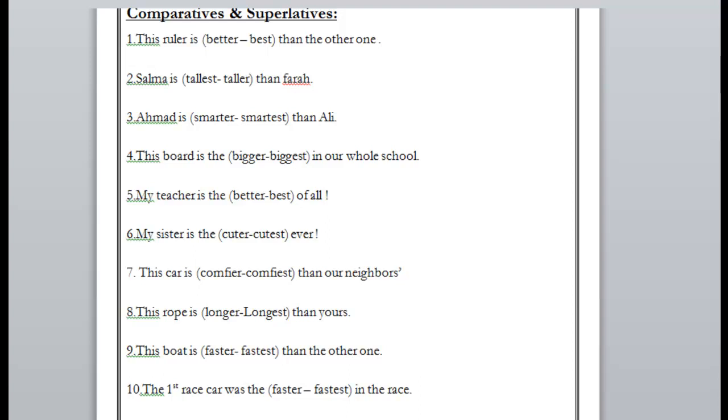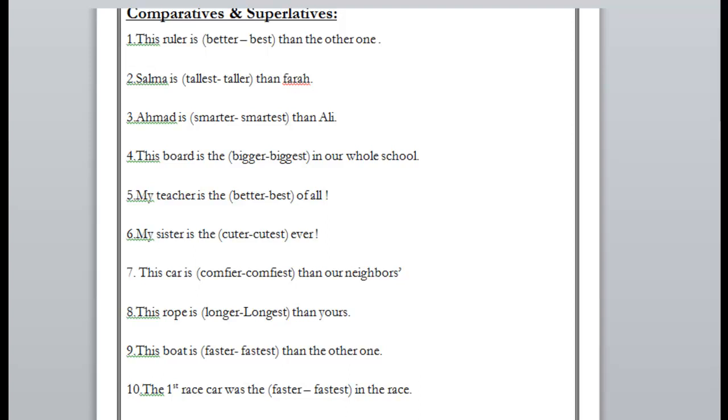Can it be? No. Longer than. The word after the adjective that's added to it, er, should be than. So it's longer than, better than, taller than, smarter than, cuter than.